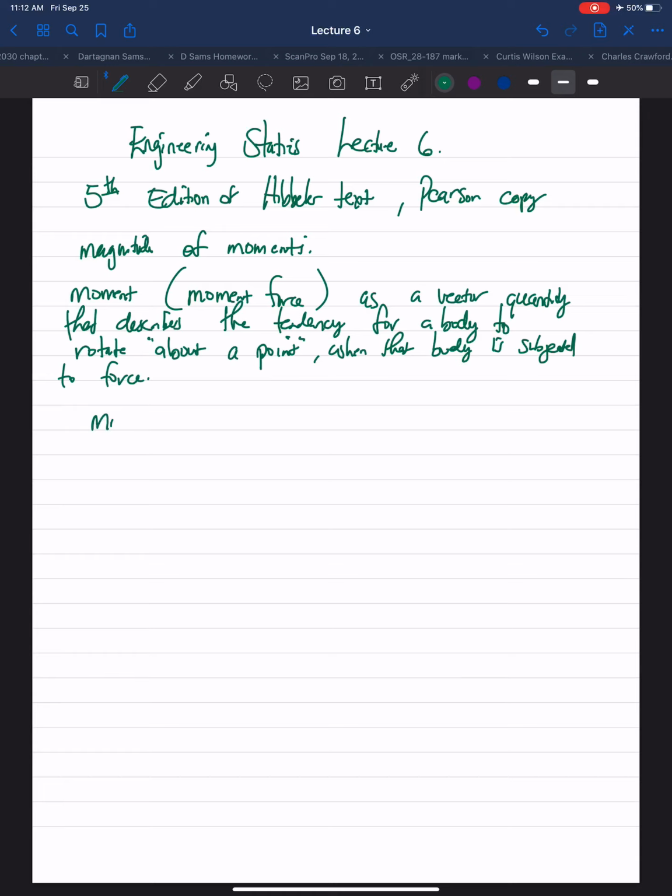So moment being a vector is completely described with magnitude and direction.